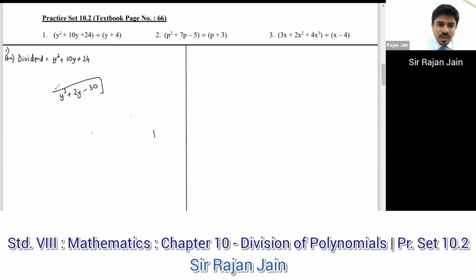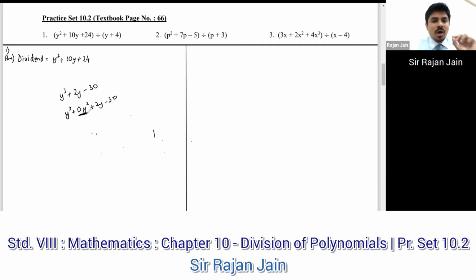Now over here, the index is in descending order, but after y cube, which term should usually come in descending order? Very obvious, after y cube, there should be a square term. The square term is not present, so you insert it with 0 coefficient. This is what I mean by insertion of missing terms.